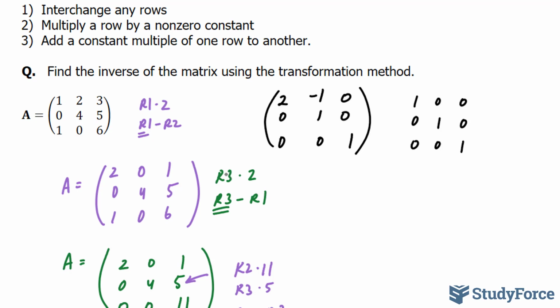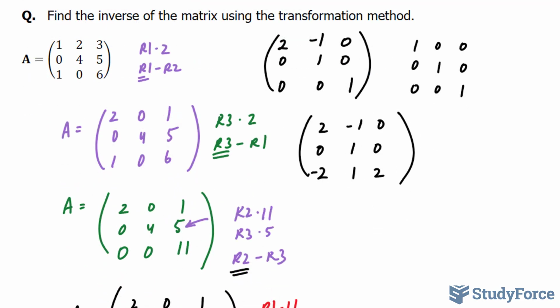Then we multiplied all of row 3 by 2 and subtracted the products of row 3 from row 1. That gave us 2, negative 1, and 0. That didn't change. Neither did this, but row 3 did, and it became negative 2, 1, and 2.